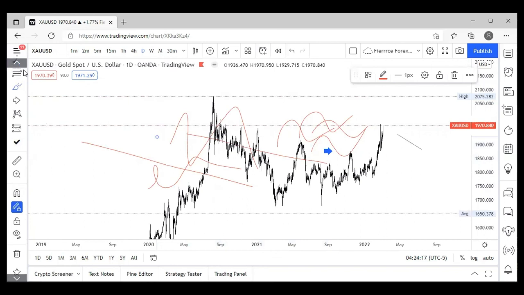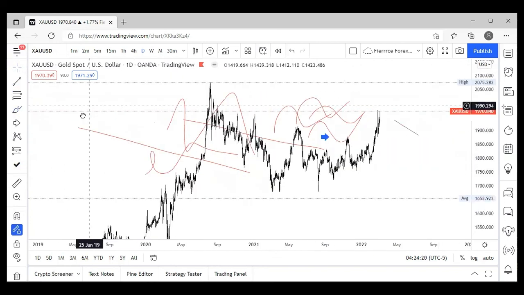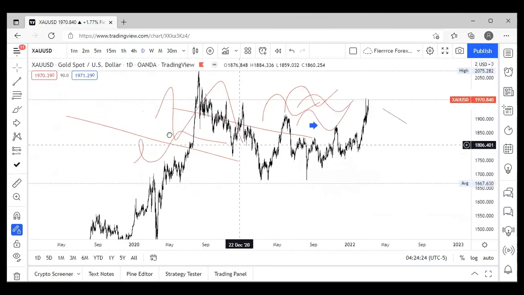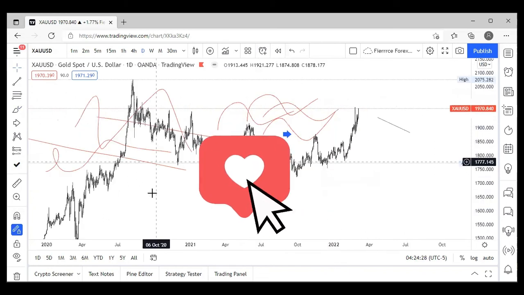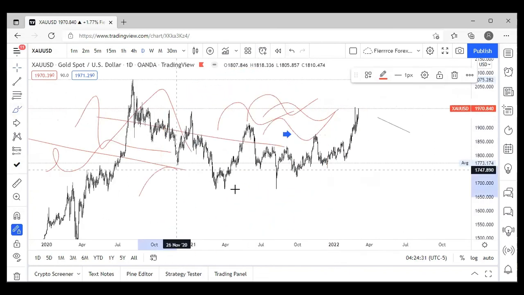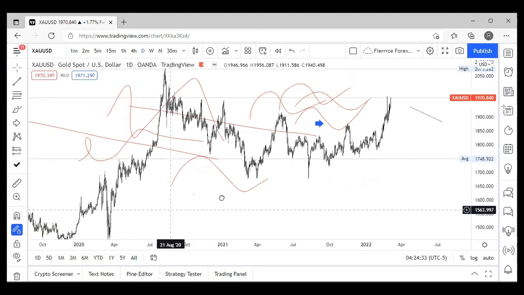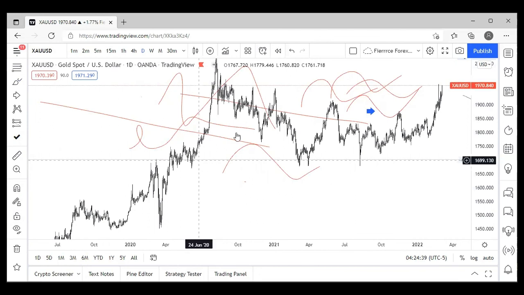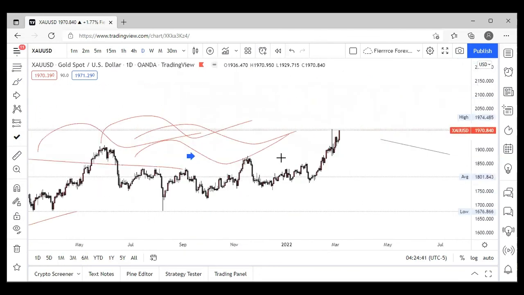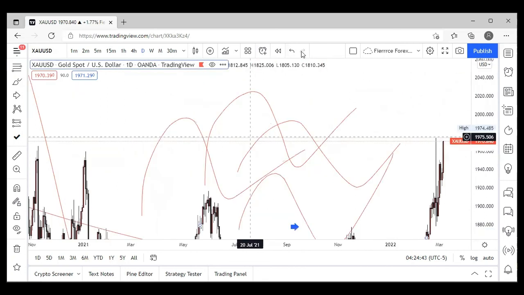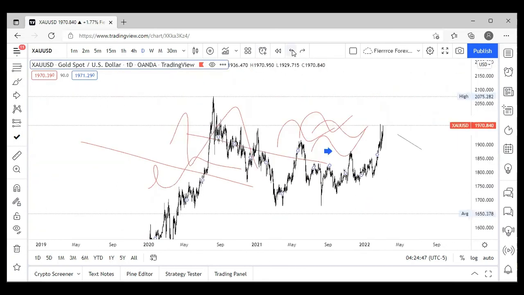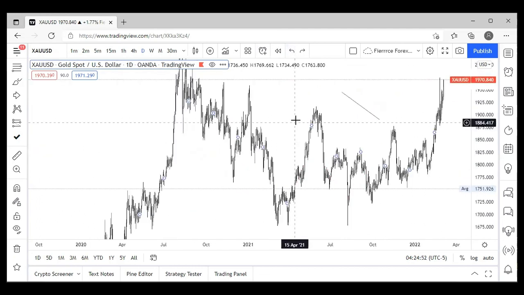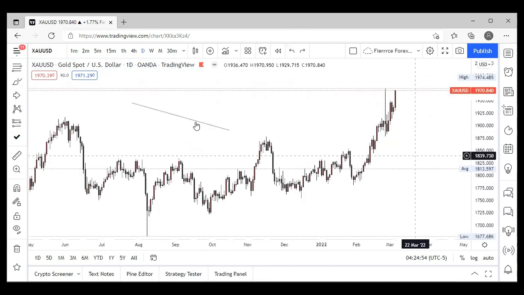Right now I'm in drawing mode, so I can't draw on this right now. Sorry, this is confusing even me. I actually don't use this. Let's undo all this. I'm trying to remember what the drawing mode is for.